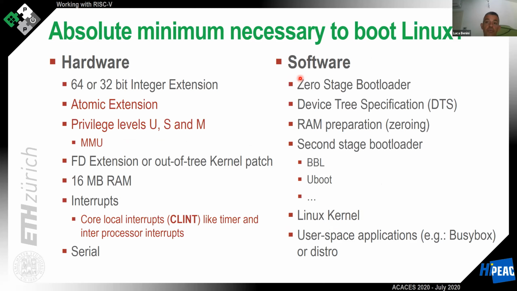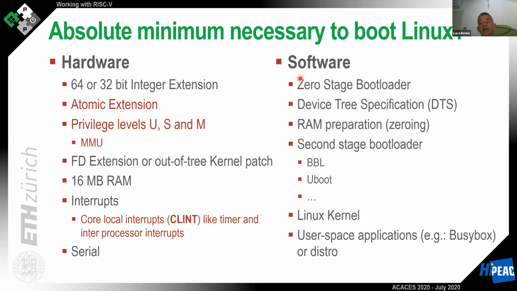On top of the virtual memory support, we also need atomic extensions, and multiple privilege levels, at least 3, and a standard interrupt controller with core local interrupts, like timer and interprocessor interrupts. So as you can see, this is an example of how, when you choose to support a complete application environment, your core jumps up in complexity because of what is expected by this environment.